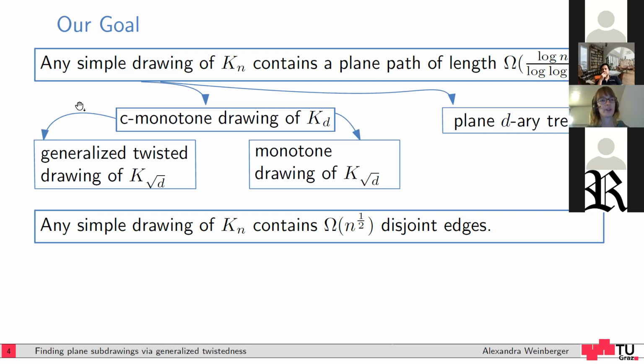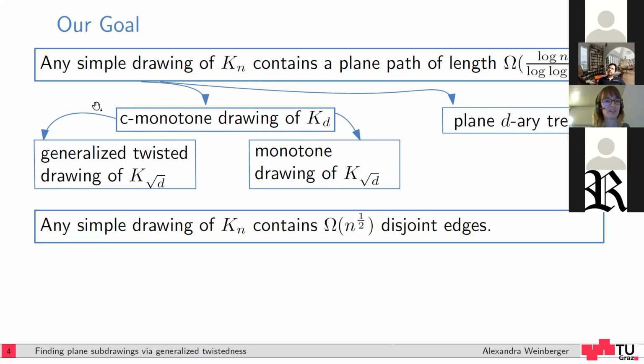If we want to show that any simple drawing of the complete graph contains a plane path that's at least this long, then we first show that it contains either a plane tree or a C-monotone drawing of the complete graph of a certain size. If we are in the case of C-monotone drawings, we show that they contain either a generalized twisted drawing of the complete graph or a monotone drawing of the complete graph. Then for all of these, the plane tree, the monotone drawing and the generalized twisted drawing, we show that they contain a plane path of the length we need.